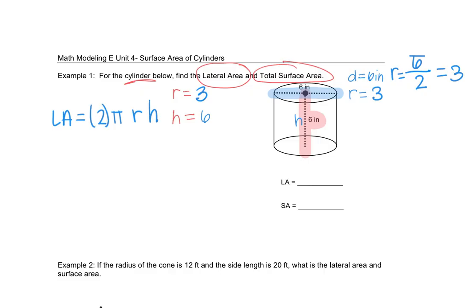I'm going to put parentheses around each part so that it helps me distinguish what I need to put in where. So for my lateral area, I know that 2 is there, pi is always there. What's going to be changing is r and h. I know r is 3, so I'm going to plug it in. I know h is 6, so I'm going to plug it in.